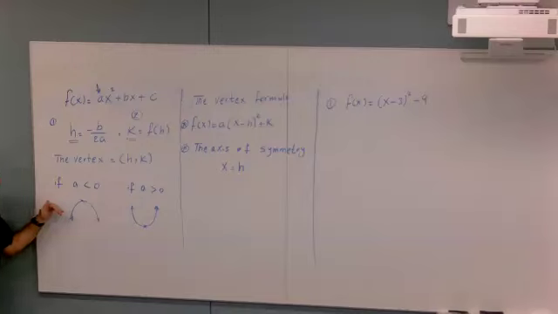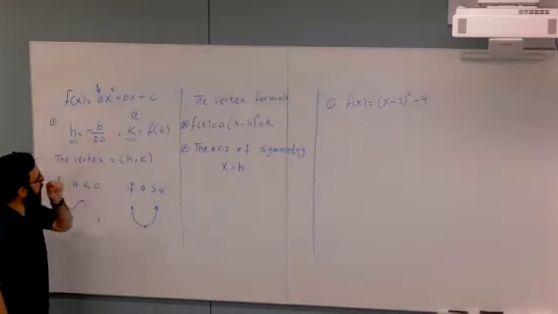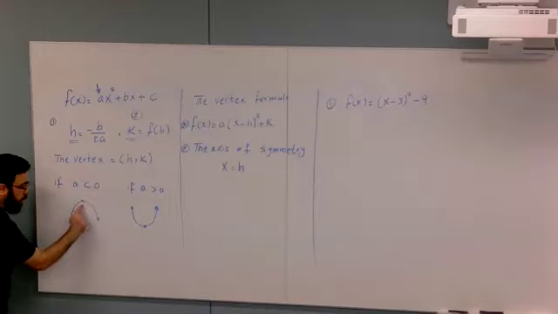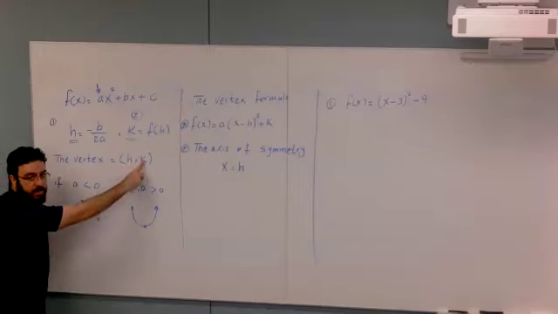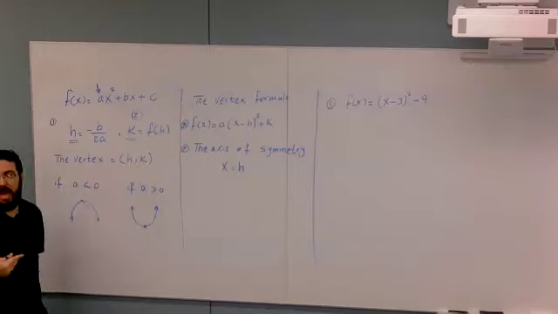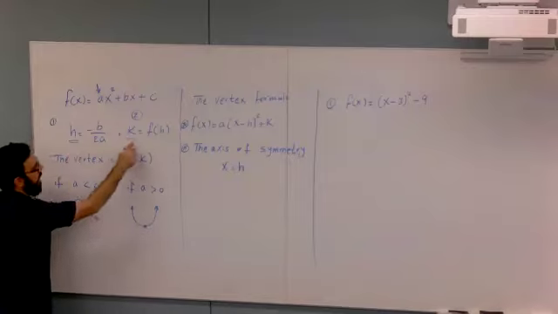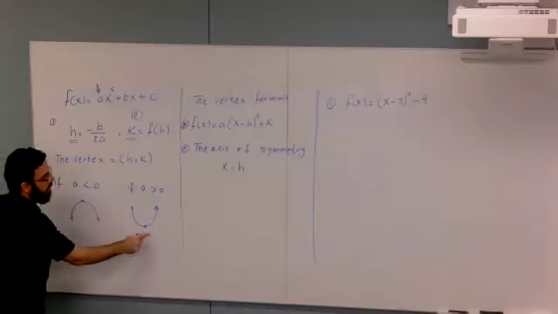So again, we need to know how to find h and k, the vertex point, which is the maximum point or the minimum point. Every time they ask you to find the vertex point, you have to find the same thing, h and k.